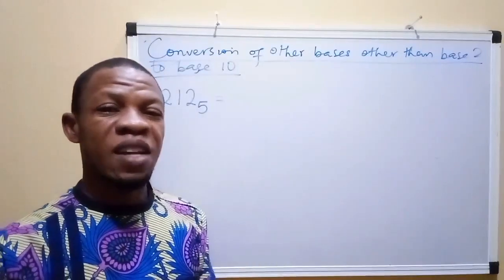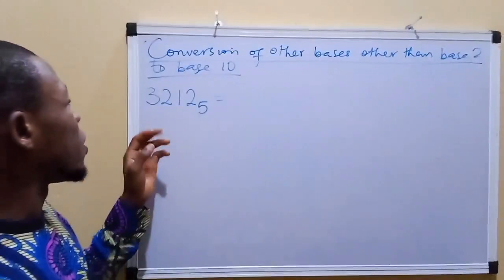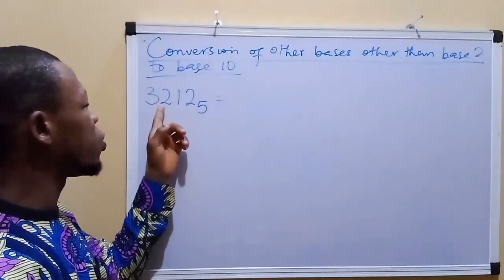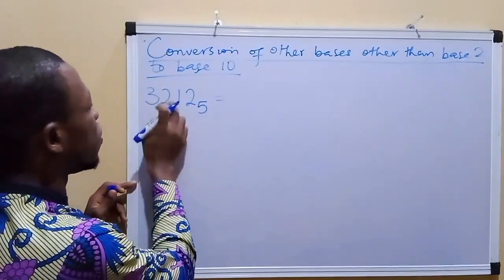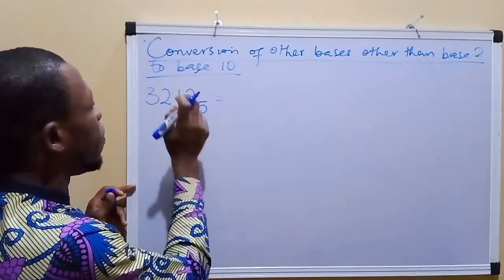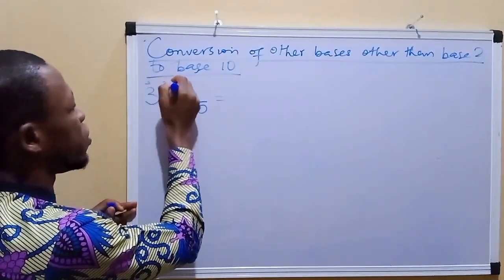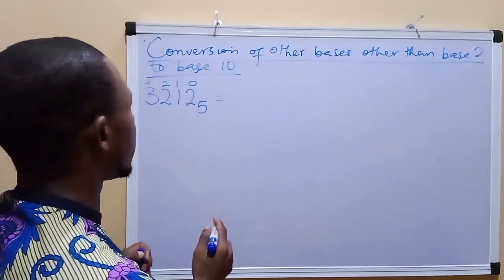In this topic, we have learned that what we do is continuous multiplication, and that involves multiplying each digit in the number by the base raised to the power of the position of the digit minus 1. Now in this case we have 4 digits, 4 minus 1 gives us 3, and so we have power 3, power 2, power 1 and 0. So let's do the multiplication.